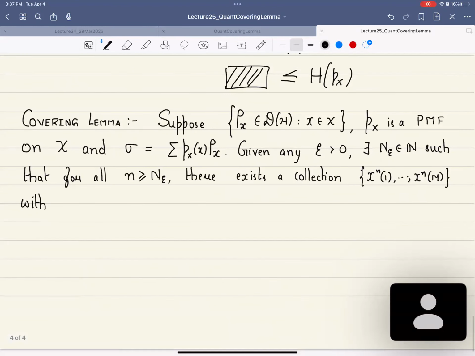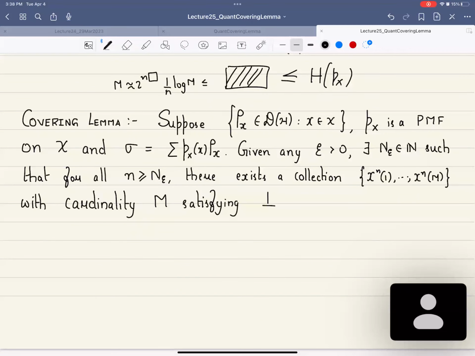so instead of writing m is 2 power something, I'm going to write 1 by n log m is less than something. So essentially, whatever is the thing here, that will come out when I do 1 by n log m, with cardinality capital M satisfying 1 by n log m is lesser than this blank here plus epsilon.